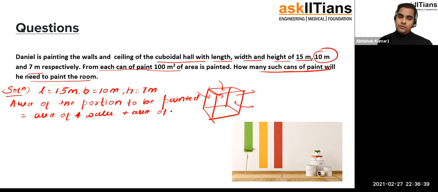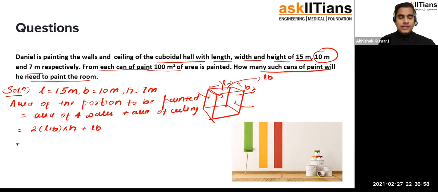That's what we need to paint. Area of 4 walls, we know the formula, that is twice of (L plus B) into H. And for the ceiling, this value acts as length and this value acts as breadth, so the area of the ceiling is L into B. So you will have plus LB.